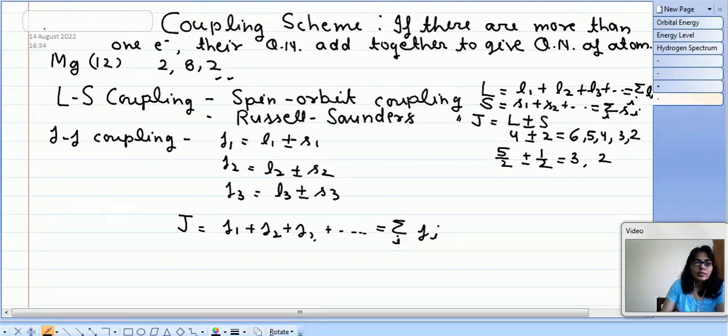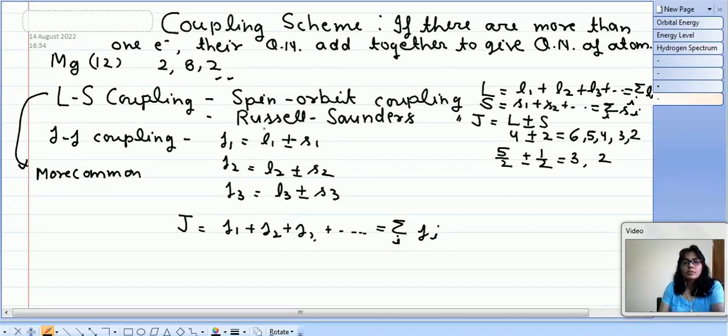This LS coupling is more common. This is also known as spin orbit coupling, so don't get confused if you get a question asking for spin orbit coupling or for Russell-Saunders coupling. That is the same as LS coupling. JJ coupling has only the name JJ coupling.